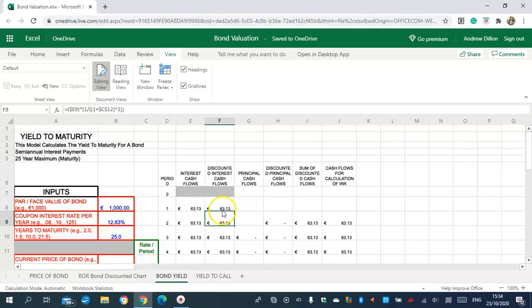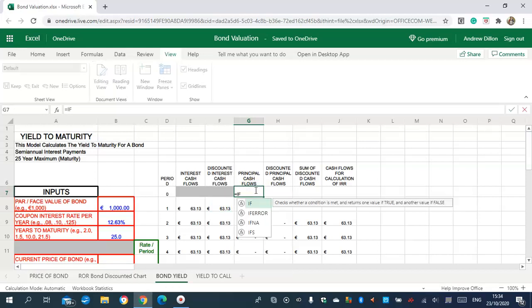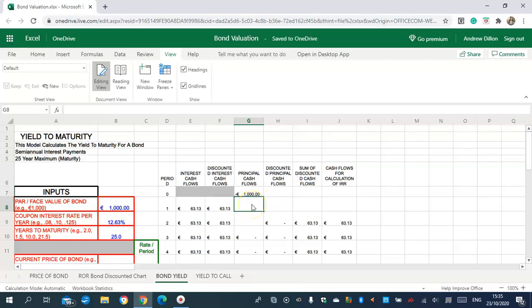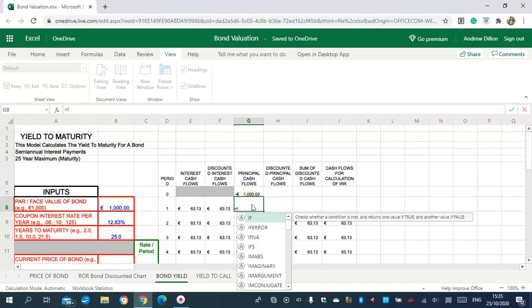Okay, 3.14 euros. Okay, principal cash flows. Good. This will be an IF statement.